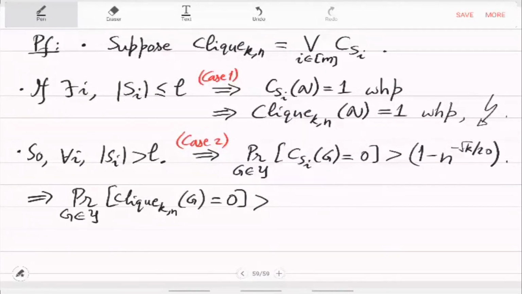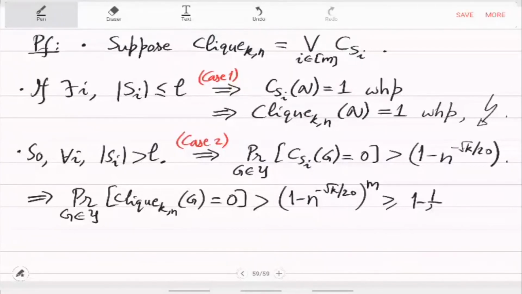So function clique is 0 when all these indicators output 0. Each indicator outputs 0 with this much probability, right? So you multiply them.